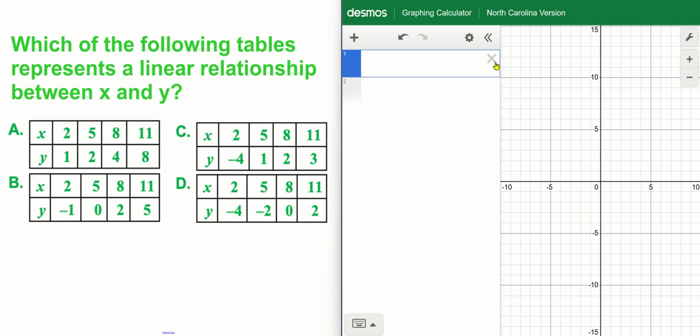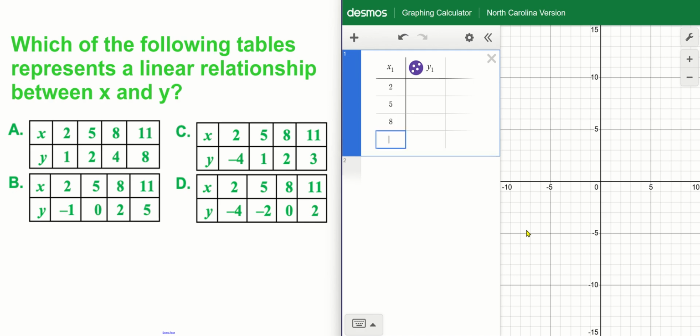All right. So what you do is you hit the plus sign on the top left corner of Desmos, and the second one on there says table. You click for a table. My x values are 2, 5, 8, and 11.